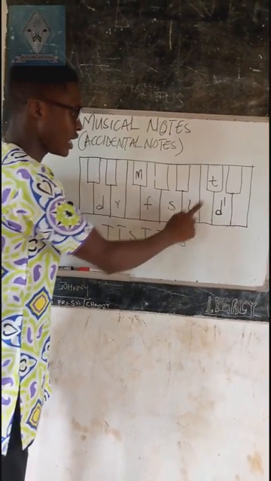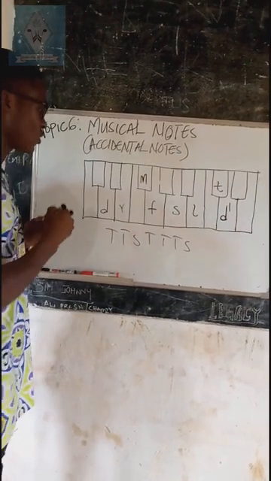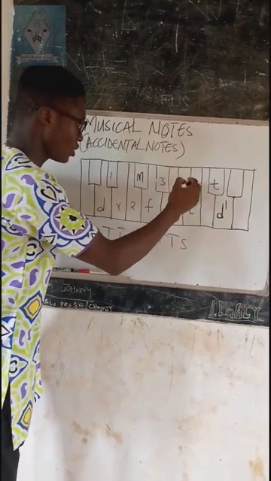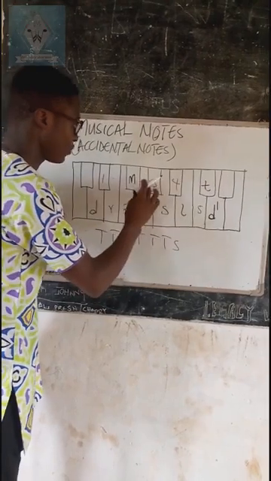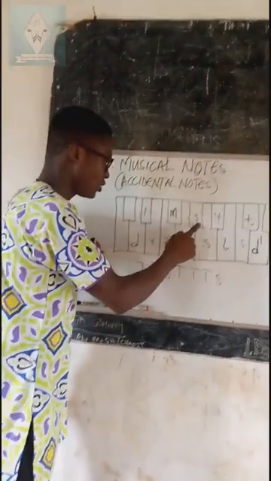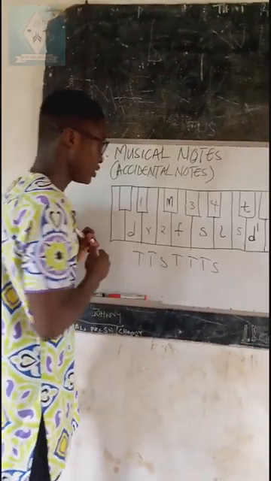The key between la and ti has no note on it, leaving us with 5 spaces. 1, 2, 3, 4, and 5. Now, this is where the accidental notes are placed. The 5 accidental notes, this is where they are placed.